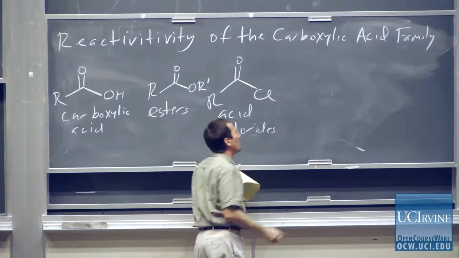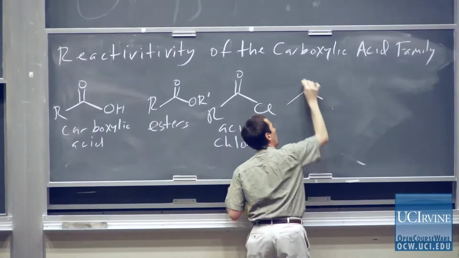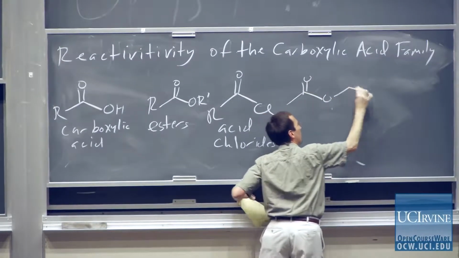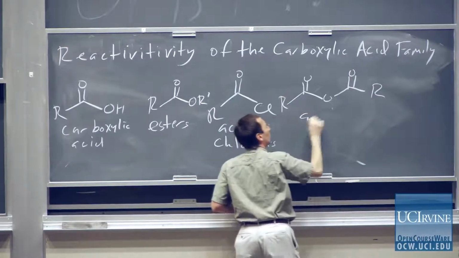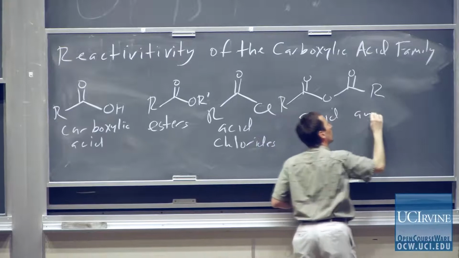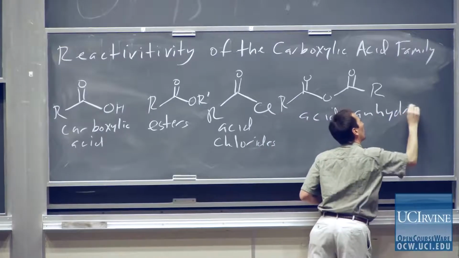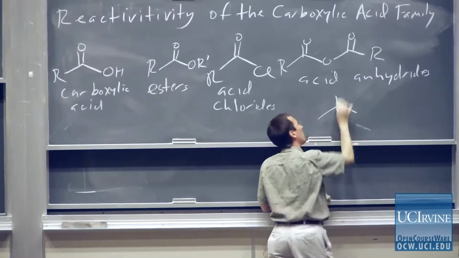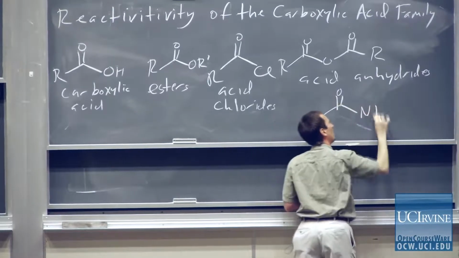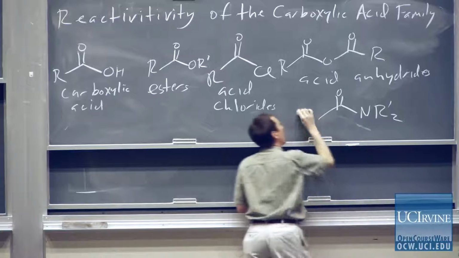But right now I'm going to paint with a very broad brush. I'll include in the family acid anhydrides. And maybe to wrap up the main members of the family, I'll talk about amides.